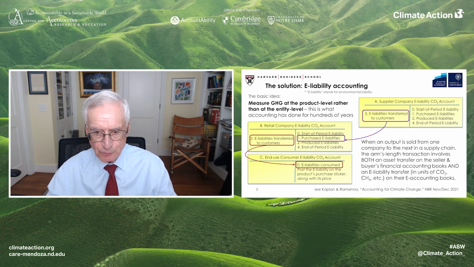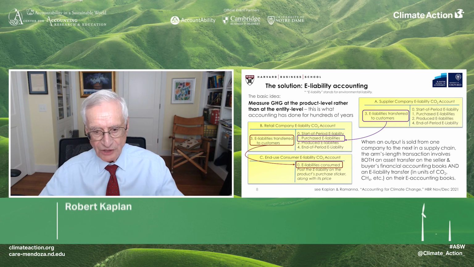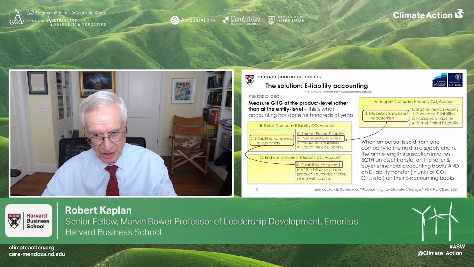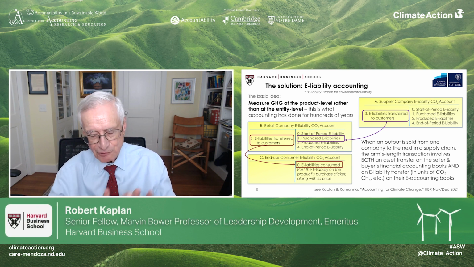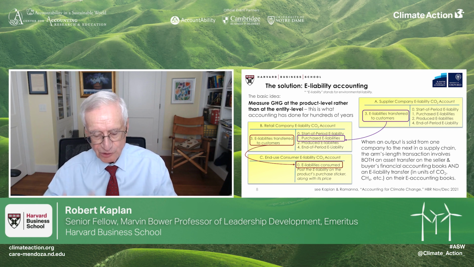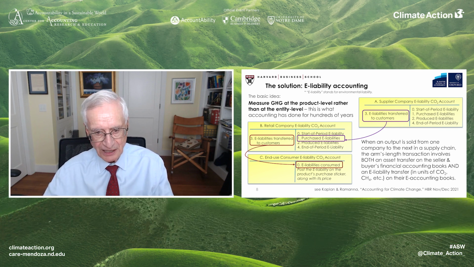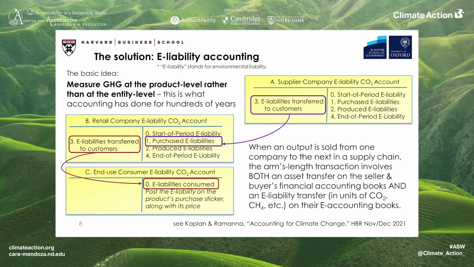And that way, when the output gets sold, transferred to the next organization further downstream, they will take on the accountability for all the emissions that have been accumulated to that point, and then the ones that they add into their products and services, and then transfer up to their customers, who then will have this accumulated amount of emissions in the products and services.